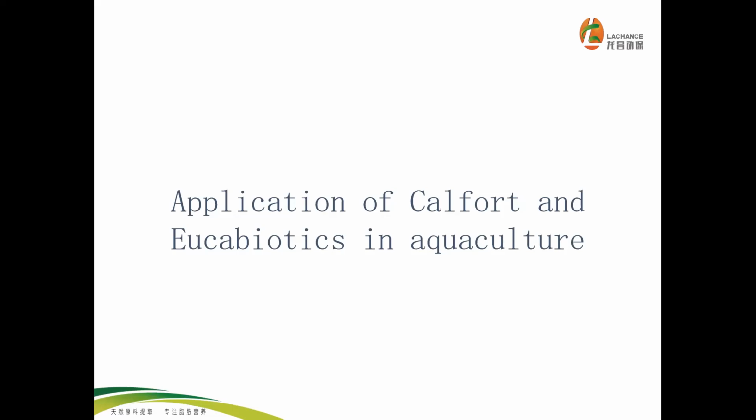As we all know, especially in the late part of 2021, there were plenty of cases infected by EHP causing huge losses for farmers in India, China, Vietnam, Thailand, and Indonesia, all main producers of vannamei shrimp. That is very bad for the farmers.